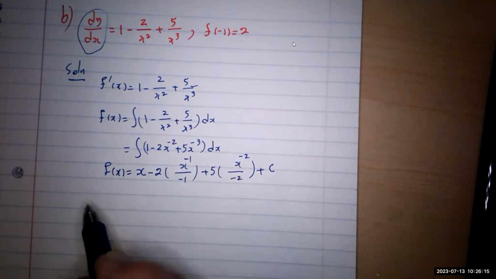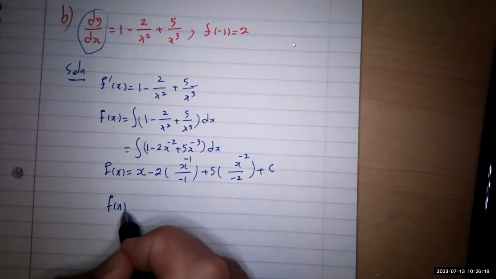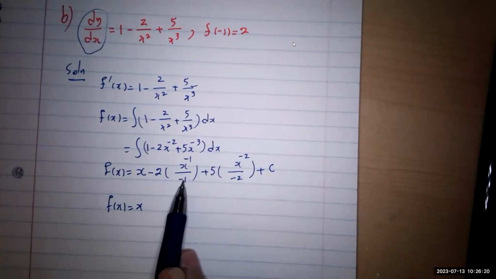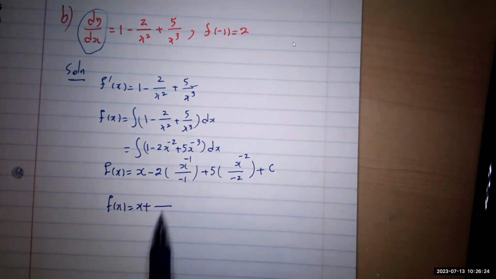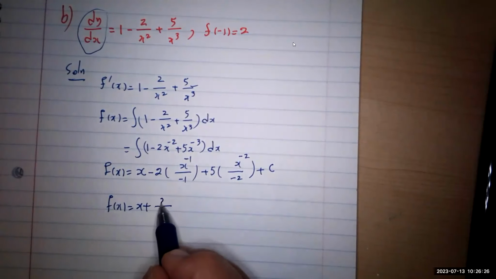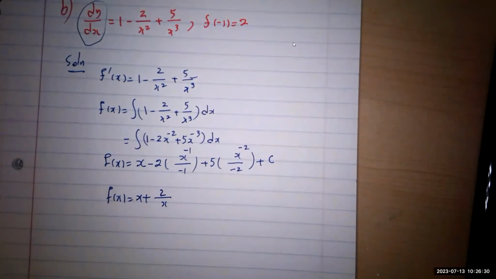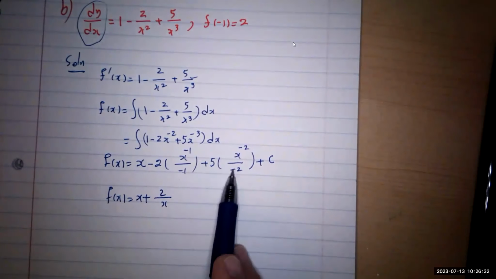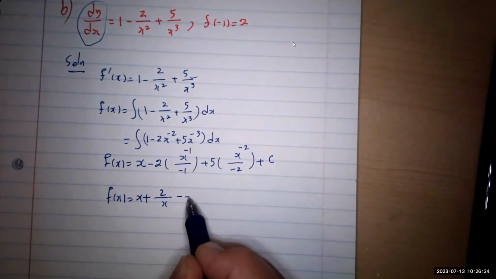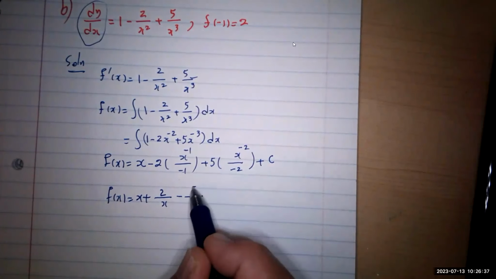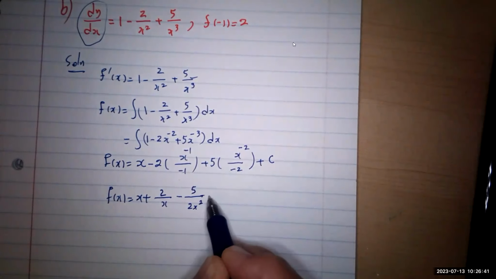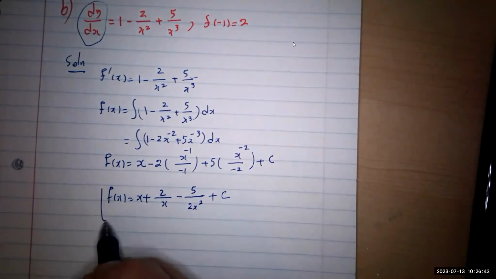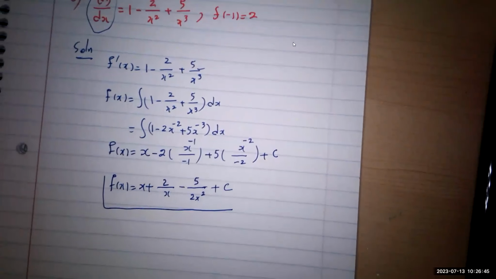So f of x would be x, negative times negative is positive, 2 over x, next, positive times negative is negative, 5 over 2x squared, plus the constant c. This is again the general solution.